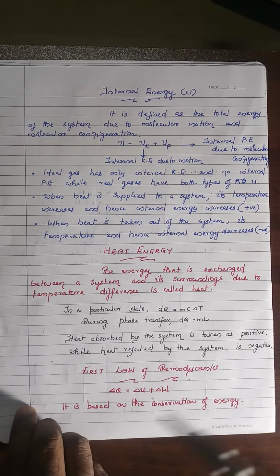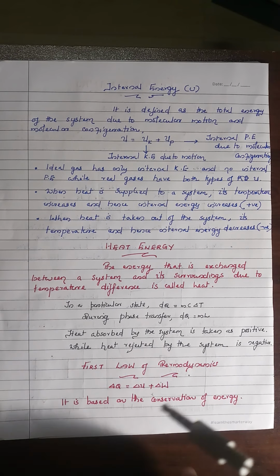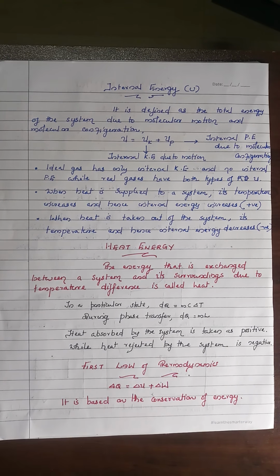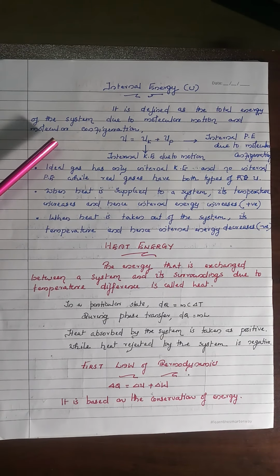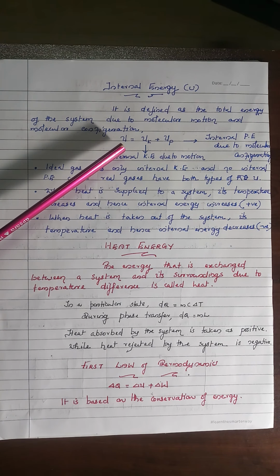Look at the next concept, the internal energy. It is defined as the total energy of the system due to the molecular motion and molecular configuration. Hence, we can represent it as U equals UK plus UP.